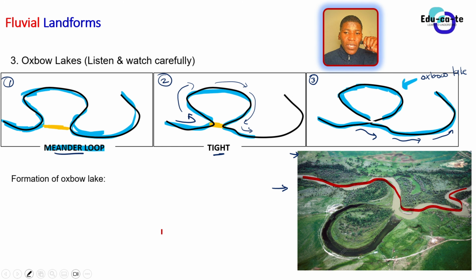We have another section here that I am highlighting right now. This section has been cut off. It has water indeed, but it has been cut off from the main river. So that meander that has been cut off is known as an oxbow lake.